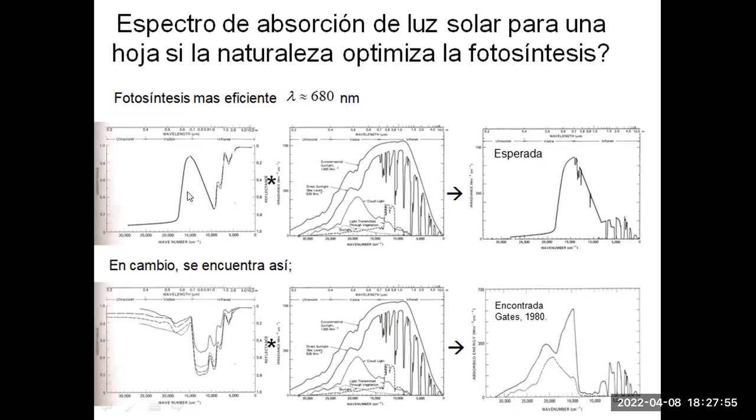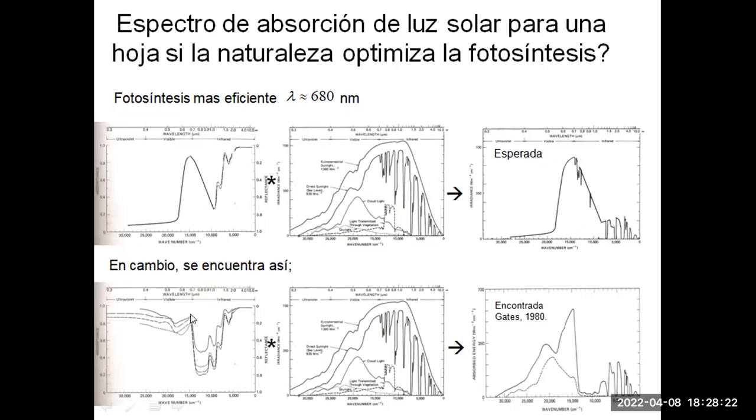So if we convolute this absorption spectrum with the incident spectrum, then we should measure something like this. So if we are measuring the photosynthetic efficiency, we should get something like this, if nature is optimizing photosynthesis. But in fact, what we see is this.